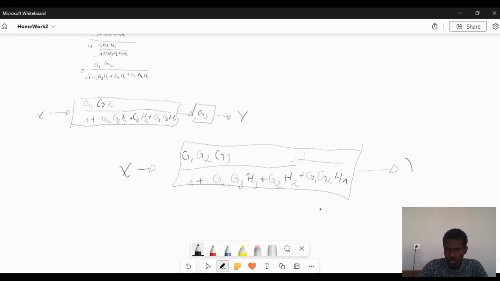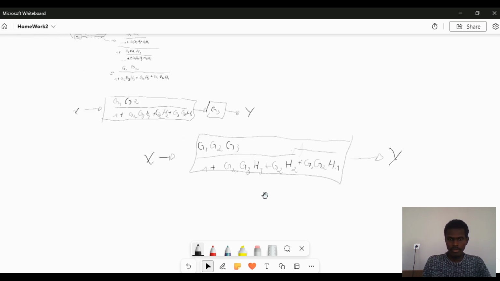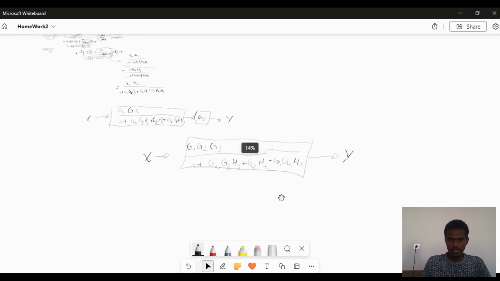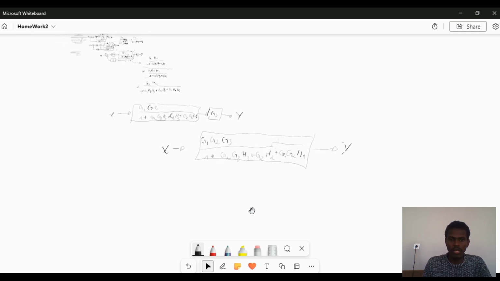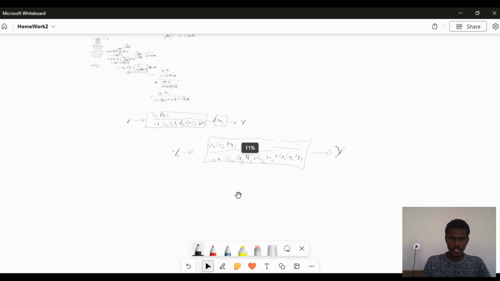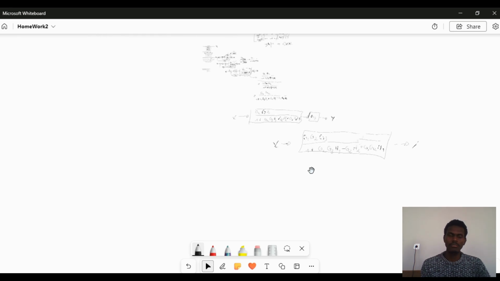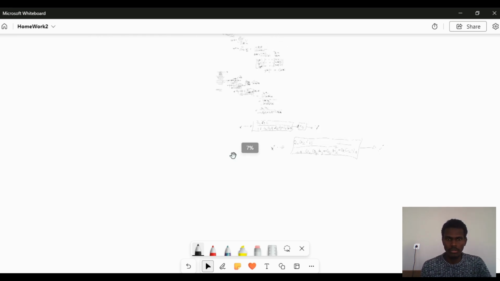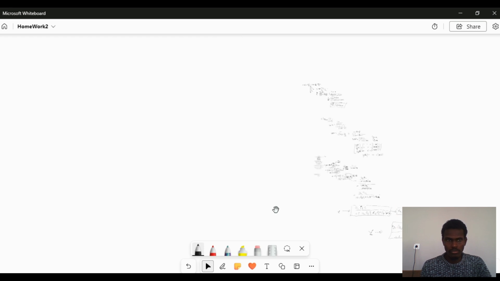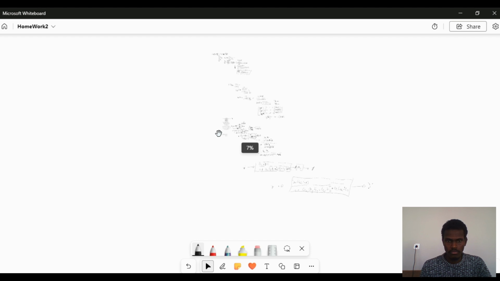And here we have Y. So this is the final block diagram. The simplified block diagram is found like this. So this is the answer of our third question. So let's continue.